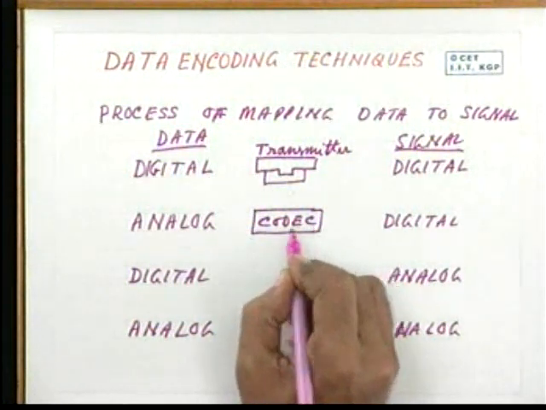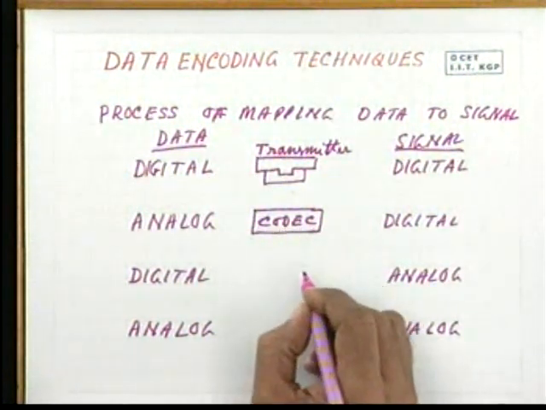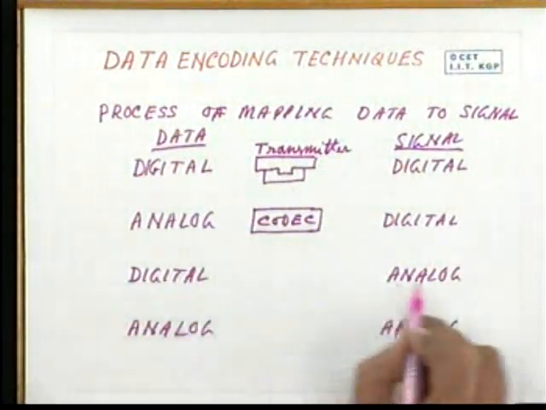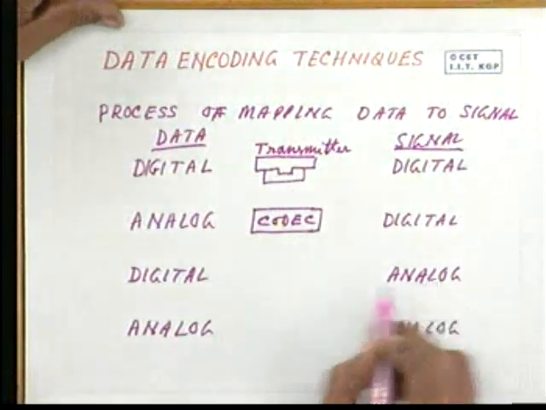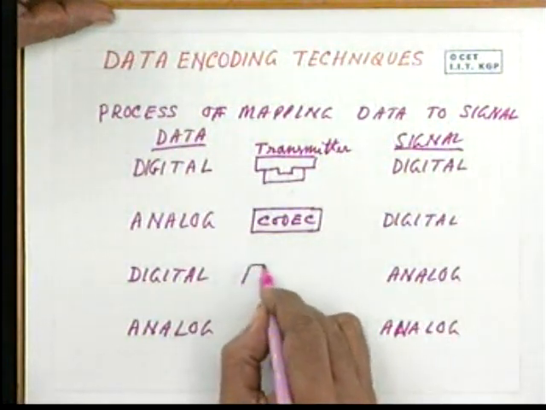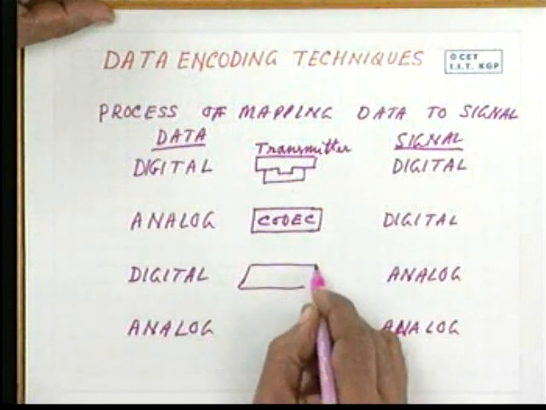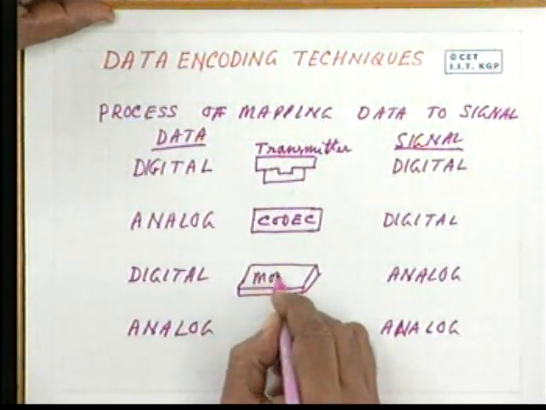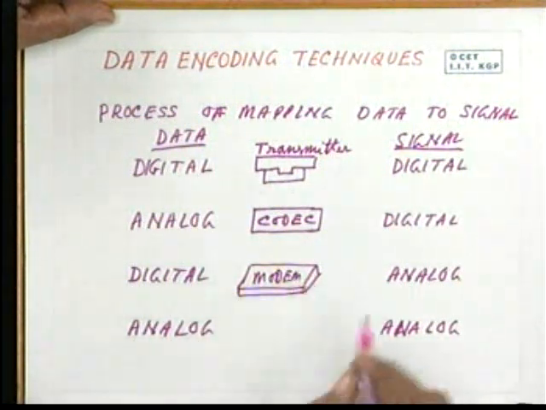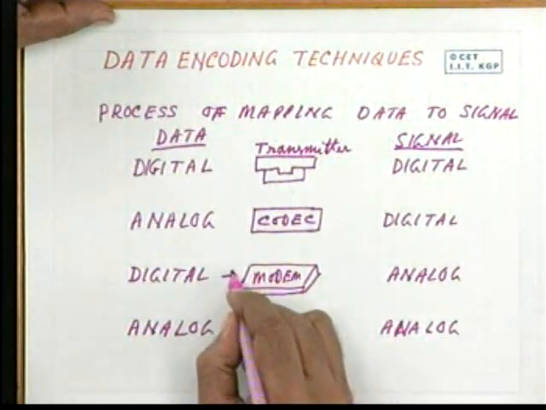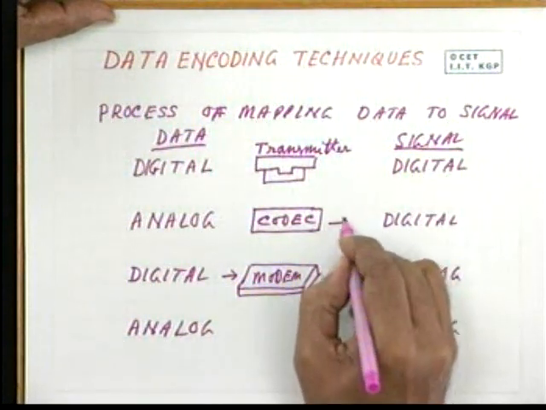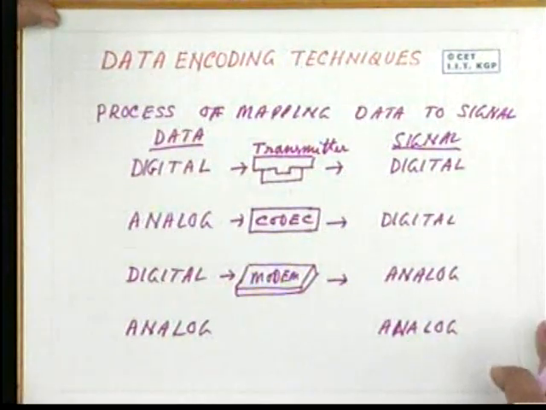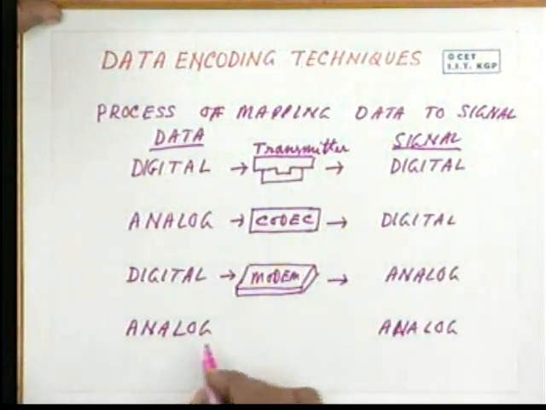Codec stands for coder decoder. And from digital data to analog signal, you can use a device called modem. Modem will convert digital data into an analog signal, which can be sent through an analog line, a telephone line, for example.